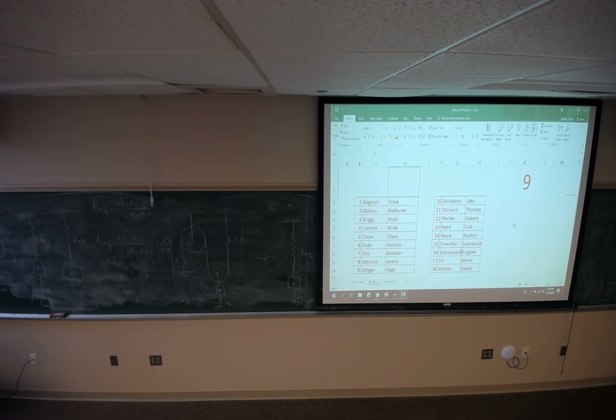Any idea about the potential energy of the system? If this mass is moving by x, the deflection or the compression on this spring would be the same, x. So the potential energy absorbed by this spring is going to be half of stiffness times the amount of deflection x squared, which is going to be 2k x squared.